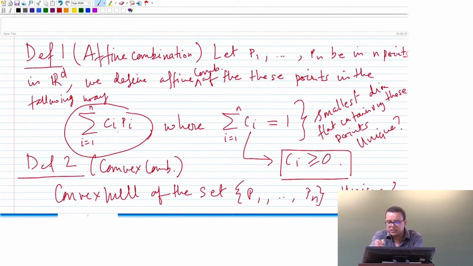If the set is P1 to Pn, then the convex hull is of the form summation Ci Pi, where summation Ci is equal to 1 and Ci is greater than or equal to 0. So I need Ci greater than or equal to 0. That part was there, even if I don't divide it by S, but I want the sum to be equal to 1. That is why I need this normalizing term S. So S is a normalizing term.